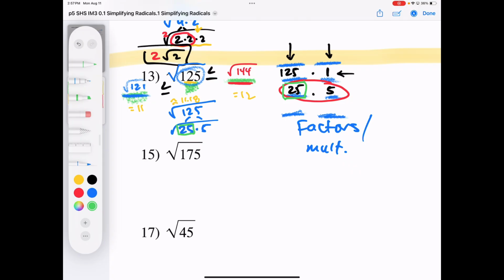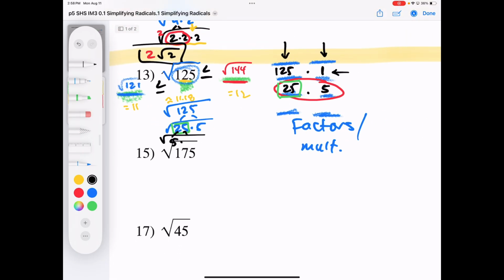Everyone say perfect square. That's what we were trying to find on the last page. Why? Because the 25 turns into what? 5 times 5. Now pay attention, I'm going to do this in red. I was helping a student and they forgot about this 5. You see that there? You cannot forget that one.